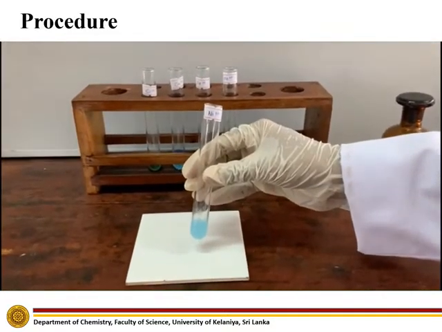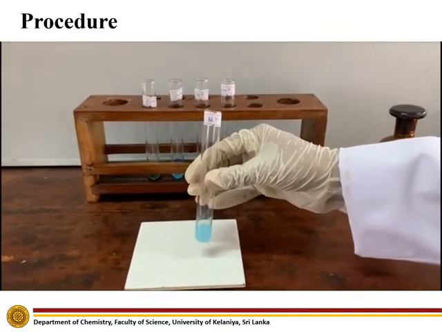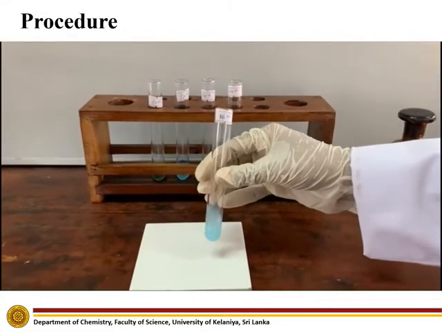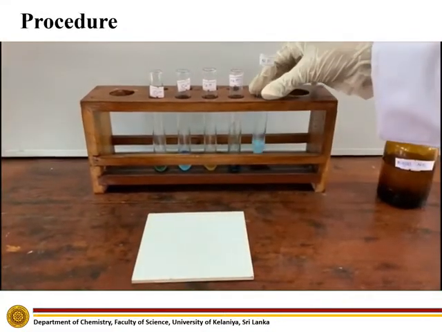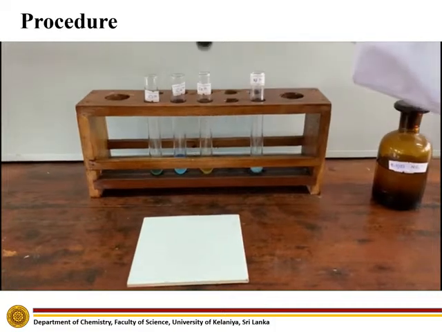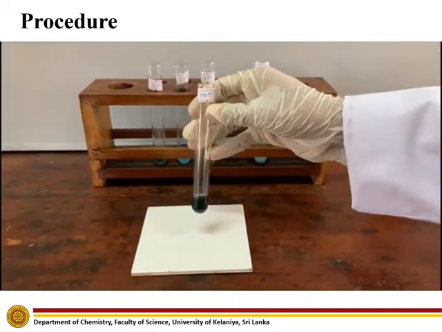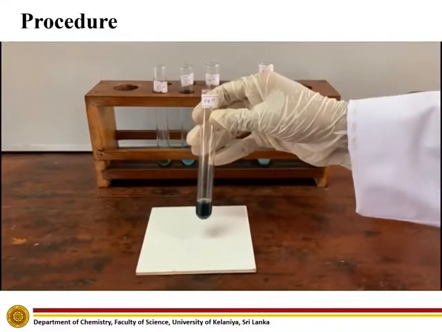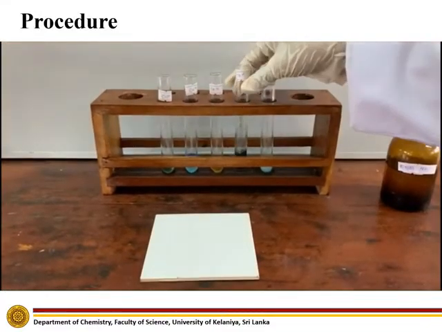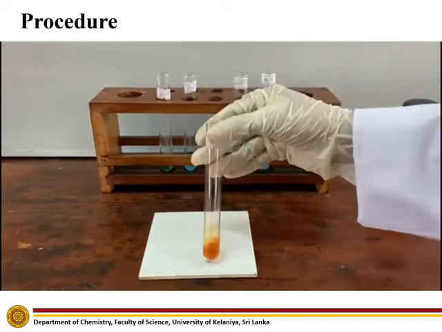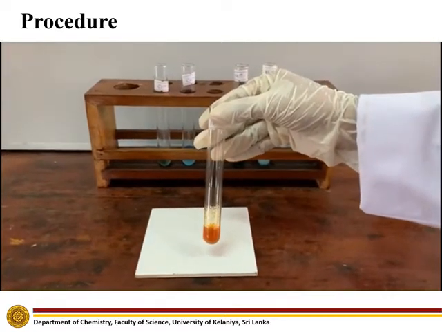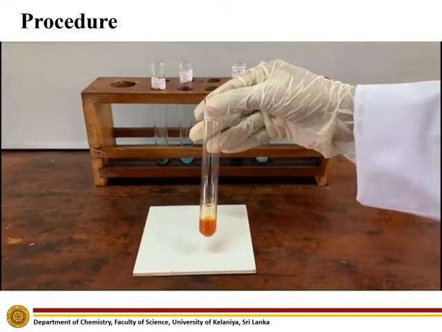A green color precipitate is observed with nickel 2+ solution. A green color precipitate is observed with ferrous iron solution. A reddish brown precipitate is observed with ferric iron solution.